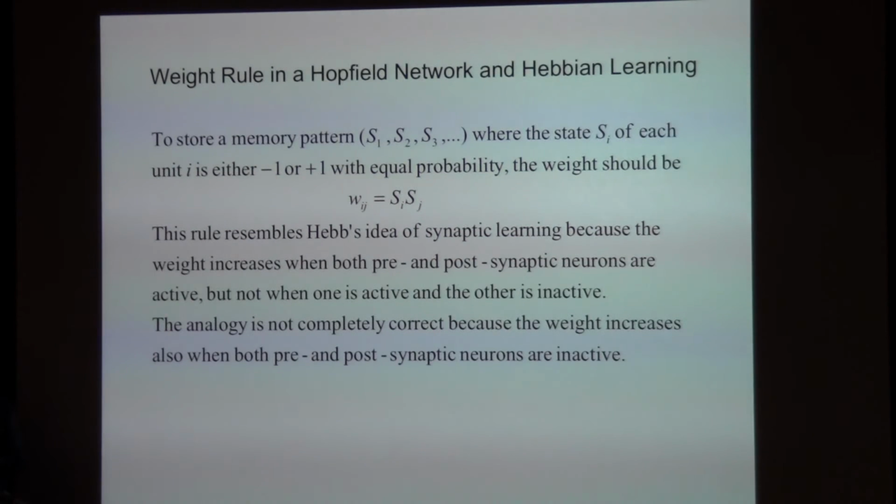If I want to remember that one as a stable state, what you should do is just use W_ij, from j to i, equal to the product of the two states for unit i and unit j. Because each one is either +1 or -1, if the two states are identical, either +1 or -1 at the same time, then your weight is +1, otherwise -1. That's it. If you just do this, then the system will remember this state as a stable state. You start from a random initial state, and it will settle into this state as a stable state.